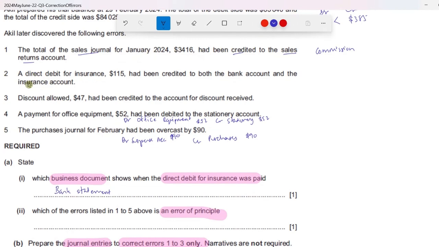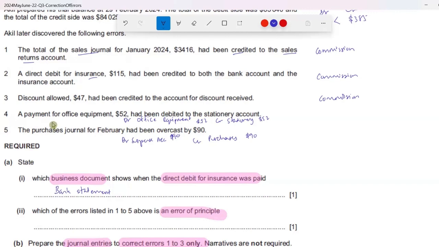Number 2 is also an error of commission because it's insurance account, but they have credited it instead of debiting it. Okay. Number 3 is also an error of commission because both discount allowed and discount received are nominal accounts in the income statement.